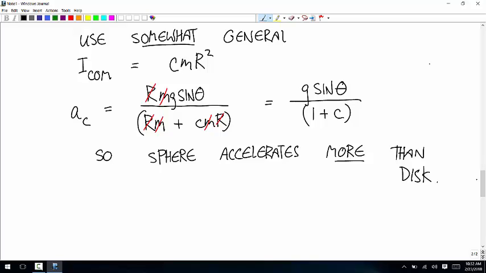The disk has this uniform distribution of mass at every different radius. Right. Yeah. That's right. It would accelerate really slowly. Right. Right.